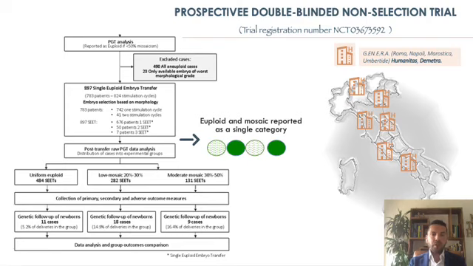So all these embryos, both the euploid and the mosaic, were reported as a single category back to the patients and the physicians. Embryos were blindly allocated, soon after the embryo transfer procedure occurred, into three distinct categories: euploid, low-grade mosaic, and medium-grade mosaic, and their reproductive outcomes were assessed soon after.